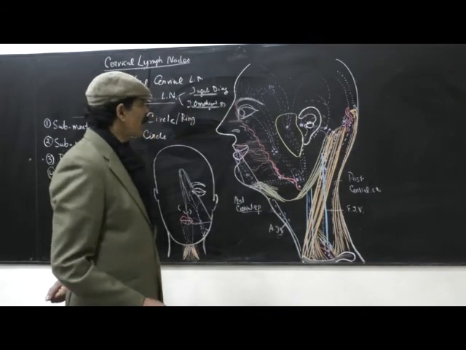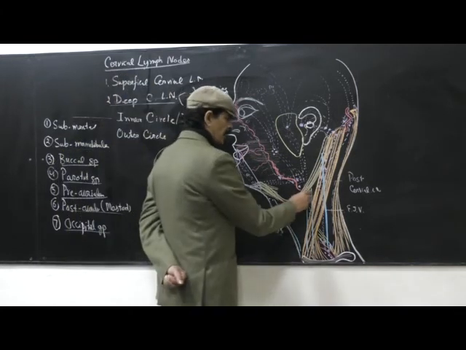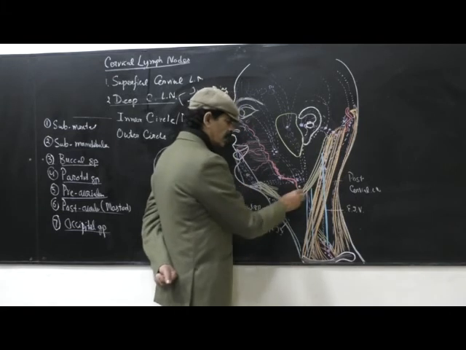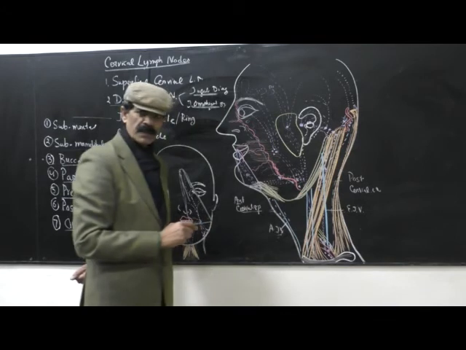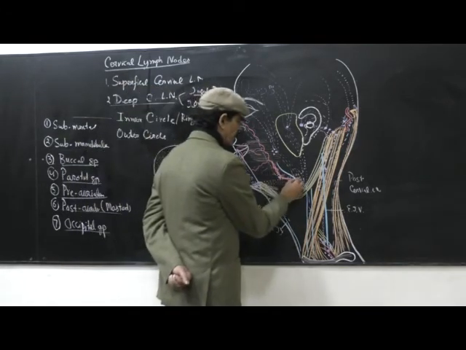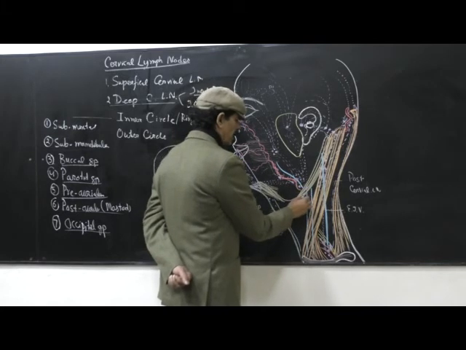So the jugulo-digastric group of lymph nodes is present in a triangle formed by the internal jugular vein, the posterior belly of the digastric muscle, and the facial vein, which is coming and opening into the internal jugular vein.